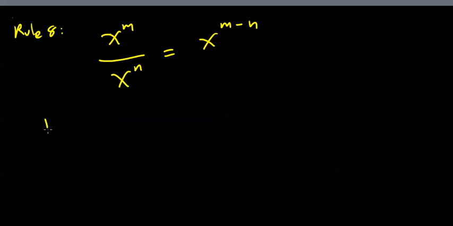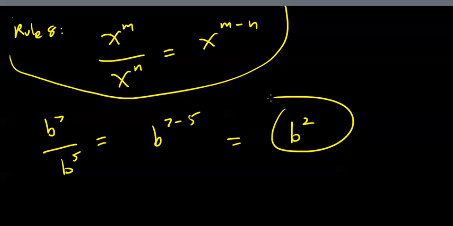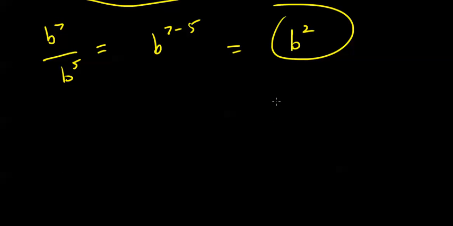So very simply, if I've got b to the 7th over b to the 5th power, there's more than one way to grind this out, but if you're looking to finish with Rule 8, I just take my numerator exponent and subtract the denominator exponent, keep the same base, as indicated. Right? So b squared would be our final return there.